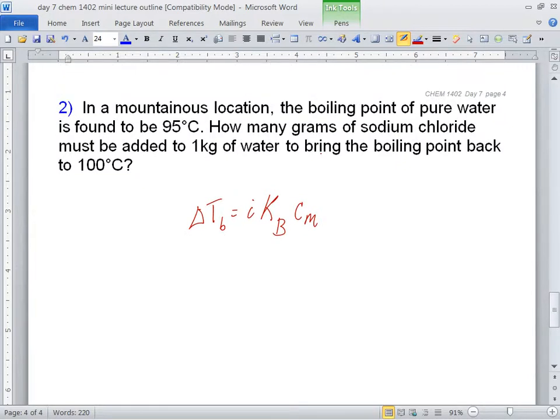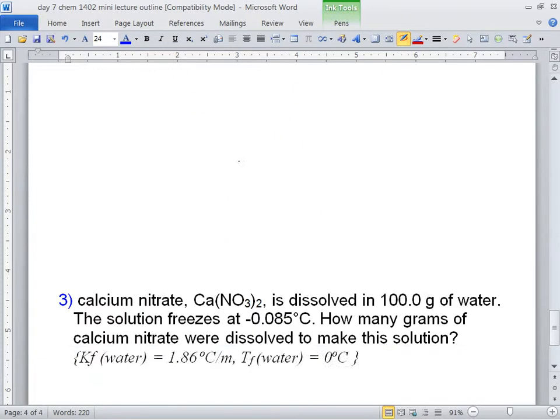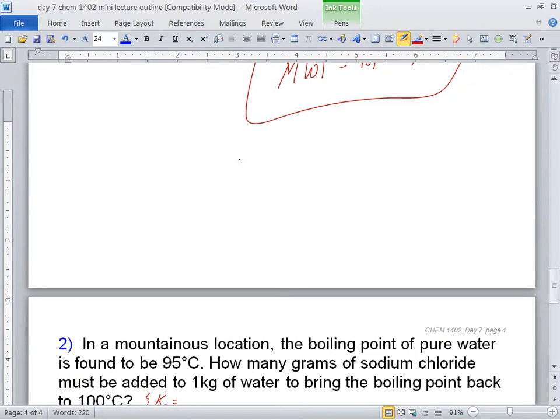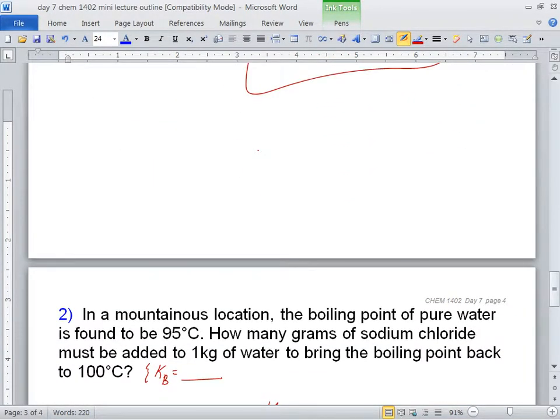Oh, shoot. We're missing something on this kind of question, aren't we? It needs to be given what Kb is for water. Is that written somewhere? Oh, you don't have to look it up. It's 0.512.